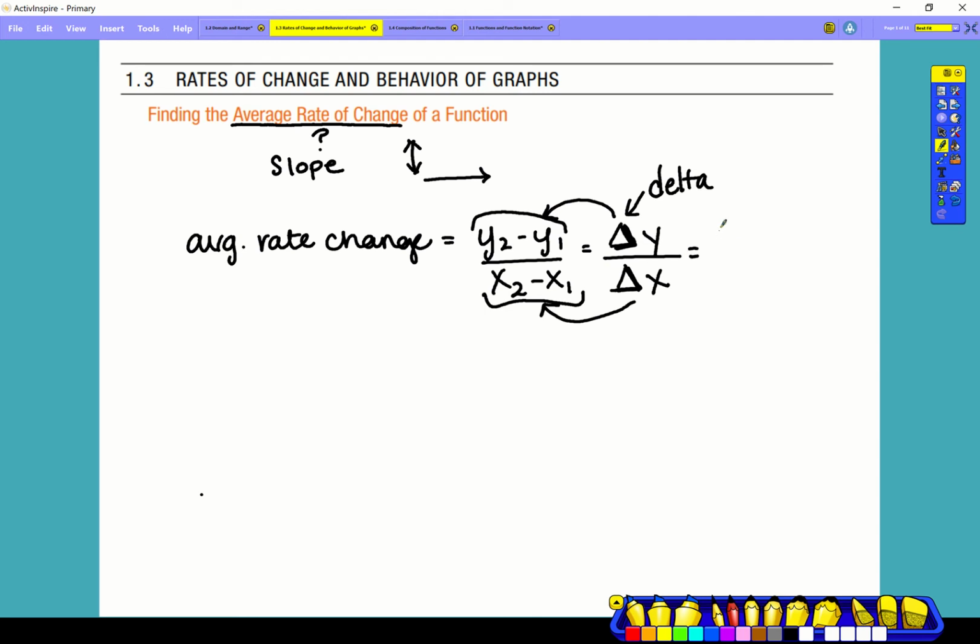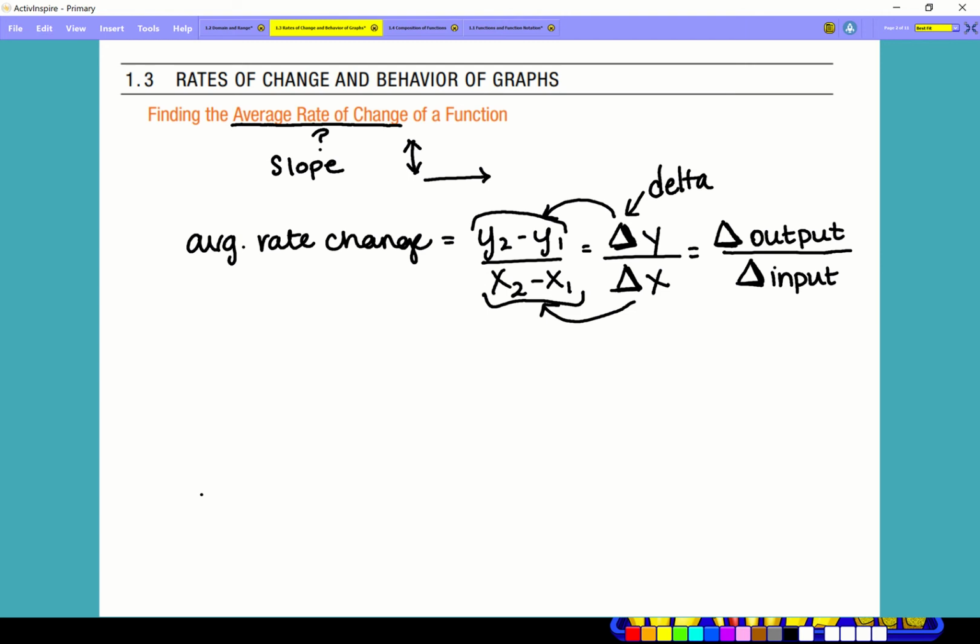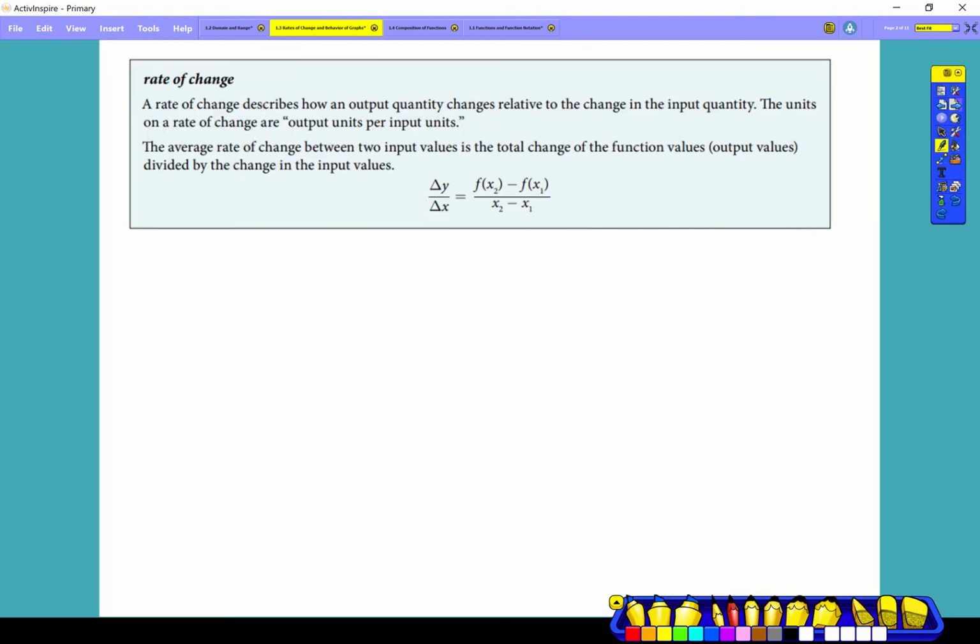So that's the change in output over the change in input. And the formal definition of the average rate of change would be this.